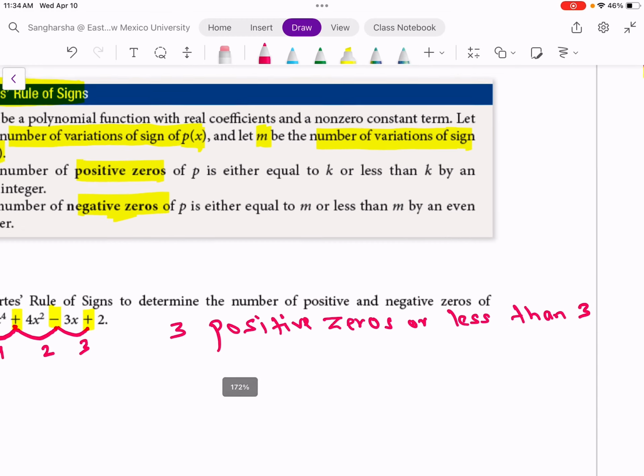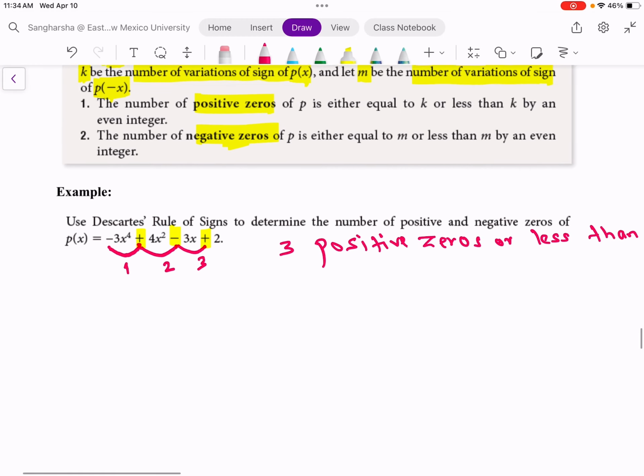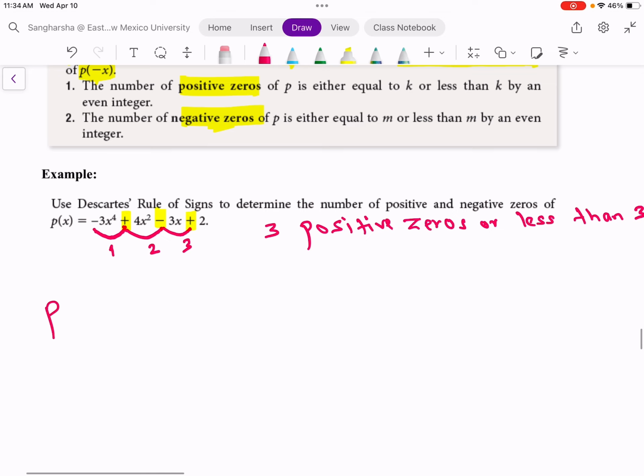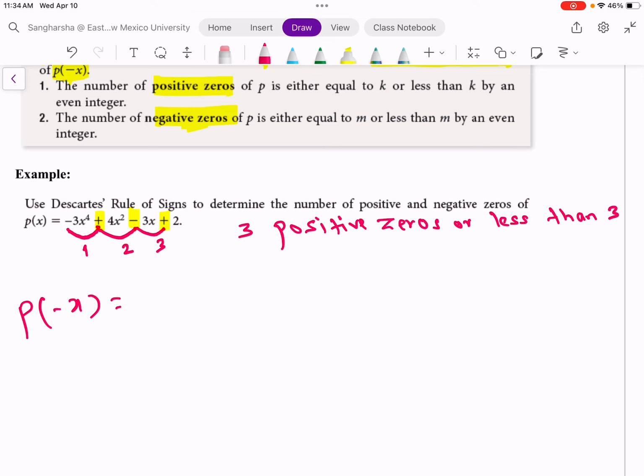Now, in order to know the negative zeros, we find p of minus x. How do we find p of minus x? We substitute negative x for every x in our p function. So we substitute negative x to the power 4, plus 4 times negative x squared, minus 3 times negative x, plus 2.